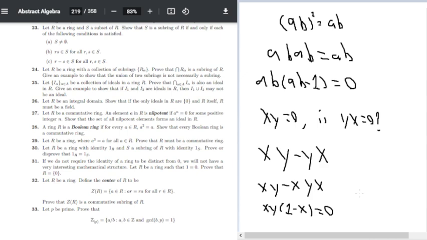Now the main issue is that it shows that xyx is equal to 0. Yeah, I feel like this is fundamentally the thing we need.